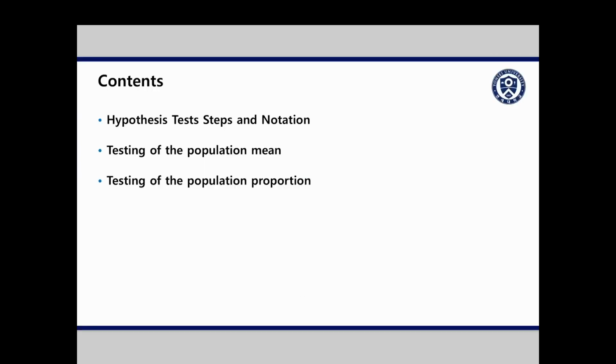We assume that you want to know the average weight of a global population. There is a parameter mu.